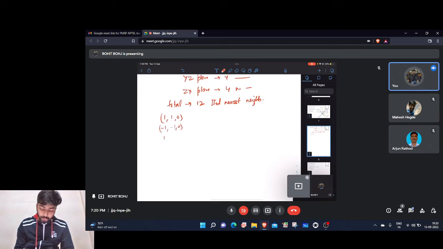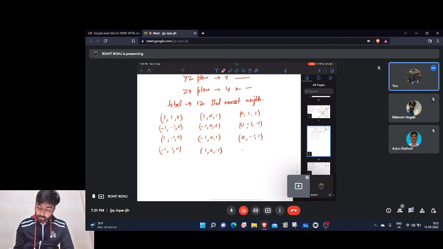We can also write other 2 variants, and in this way we can write for the xz plane, and in the yz plane we can write them as follows. So these are the R_n we have for the second nearest neighbors.